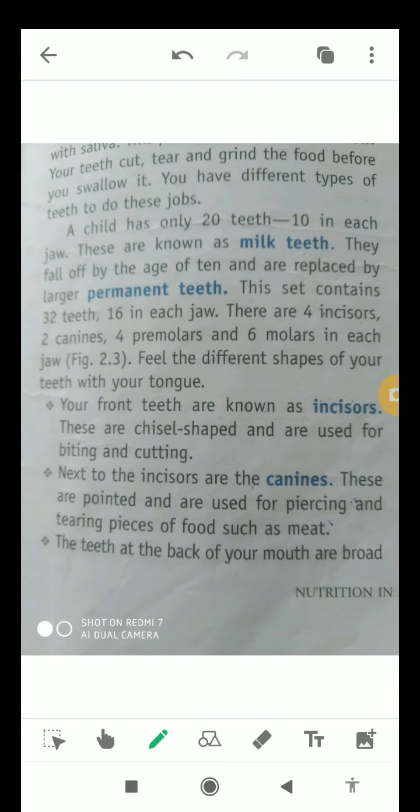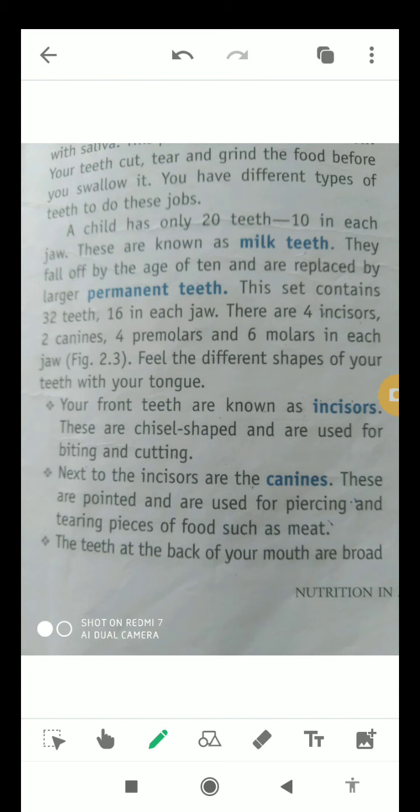These are 32 in number, 16 in the upper jaw and 16 in the lower jaw. Okay students, in which there are 4 incisors, which are the front teeth, 2 canines, 4 premolars and 6 molars.